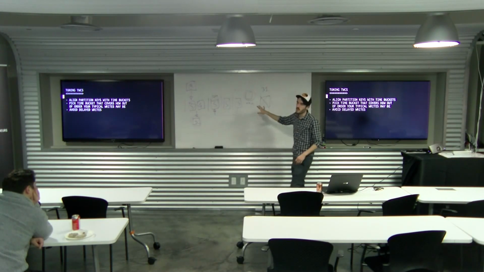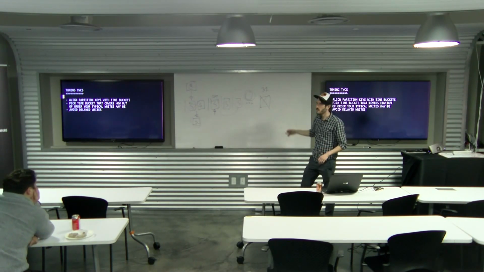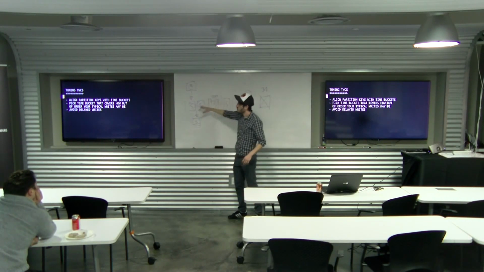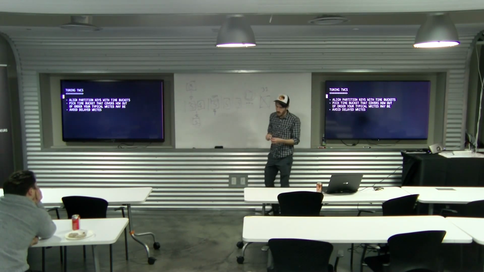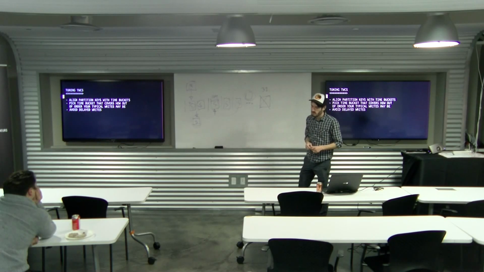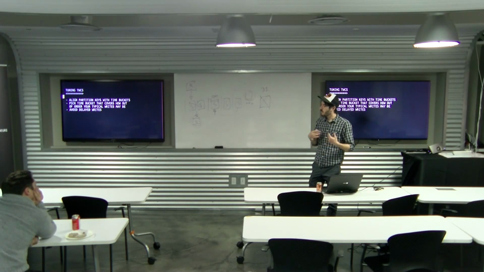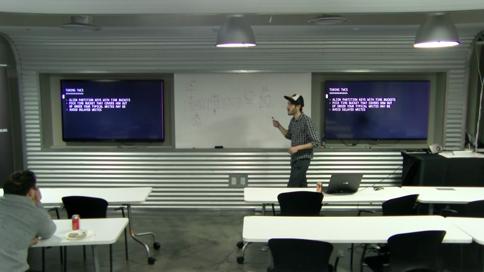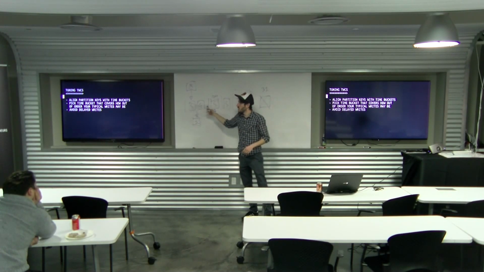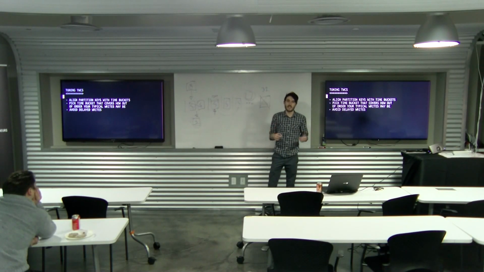So that's twice as many SS tables that we need to check during our read, just because we had some out of order inserts. So basically, you want to try to avoid really delayed writes. You want to avoid writes that are delayed by more than your time bucket length.